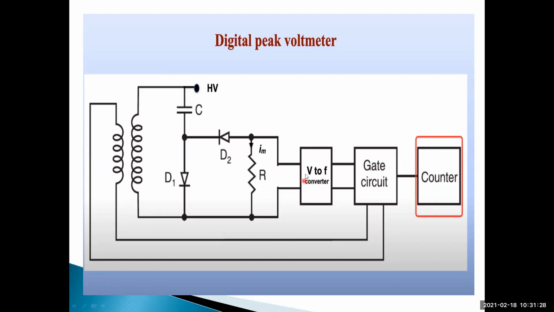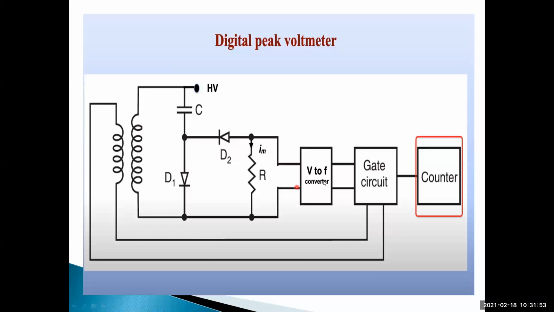So the high voltage terminal charges the capacitor, and it discharges through the resistor; some amount of voltage appears across it, and based on that it is converted from voltage to frequency.